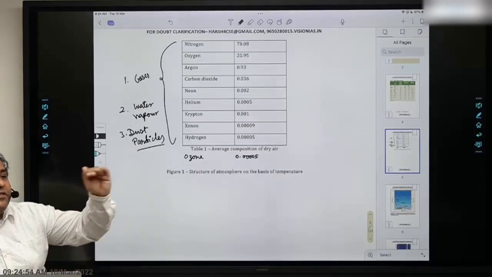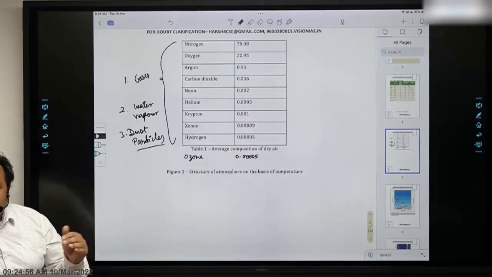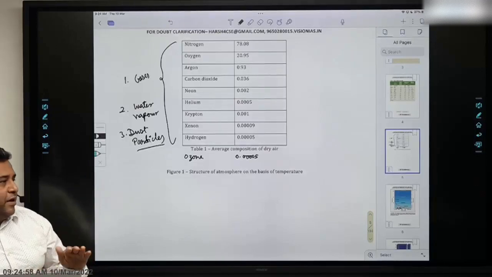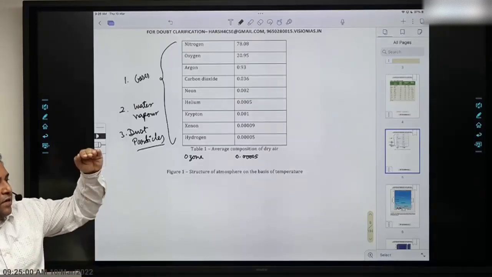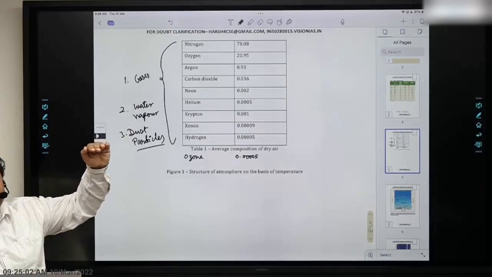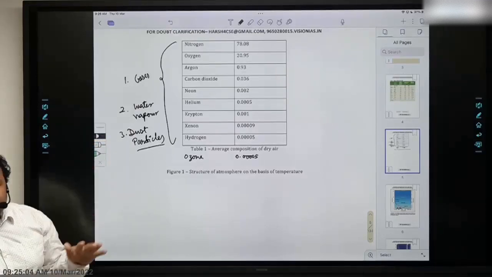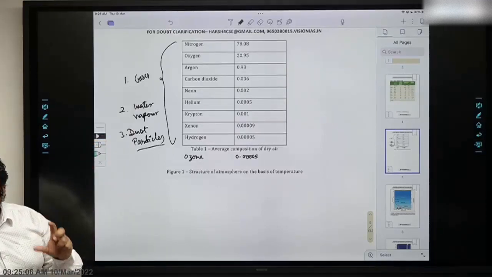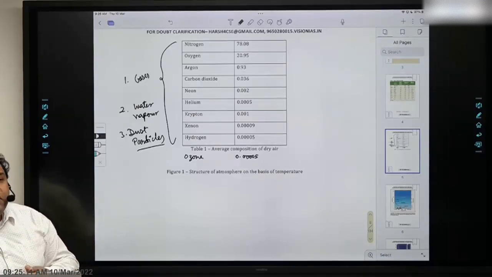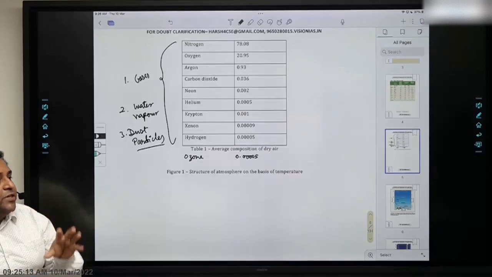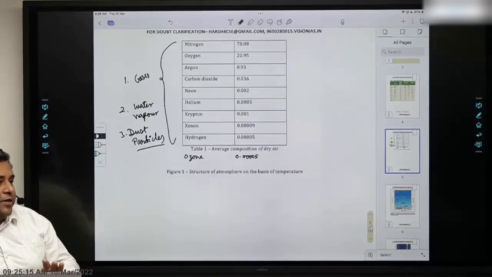The temperature decreases. You must have felt when you go from the plain level of the ocean, if you go higher in the aeroplane or in the mountains, what happens? The temperature decreases. As the temperature decreases, the capacity of the air to hold moisture also decreases and hence the total moisture held also decreases.